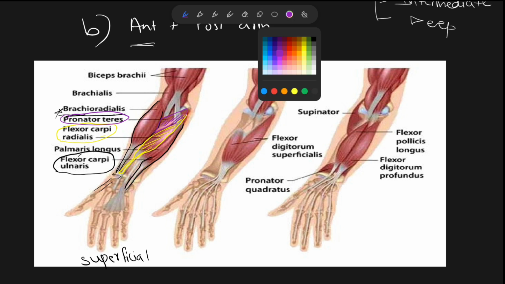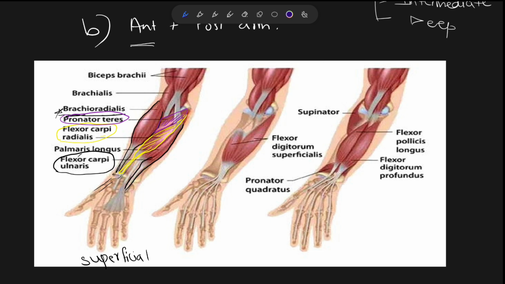Now one more muscle left. Let's do this with blue. This muscle is little thin and long, and this is palmaris longus. Palmaris means the palm, longus, long muscle. It is coming all the way and attaching to the palm side. That's why it is named palmaris longus muscle.